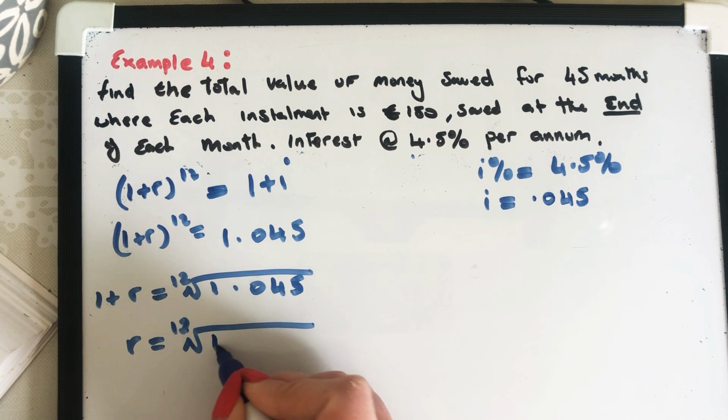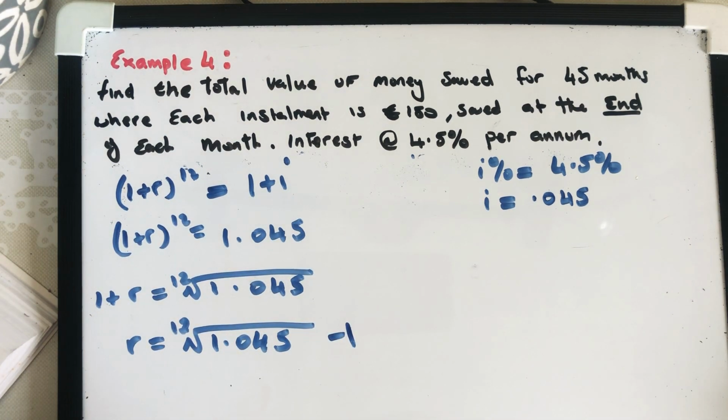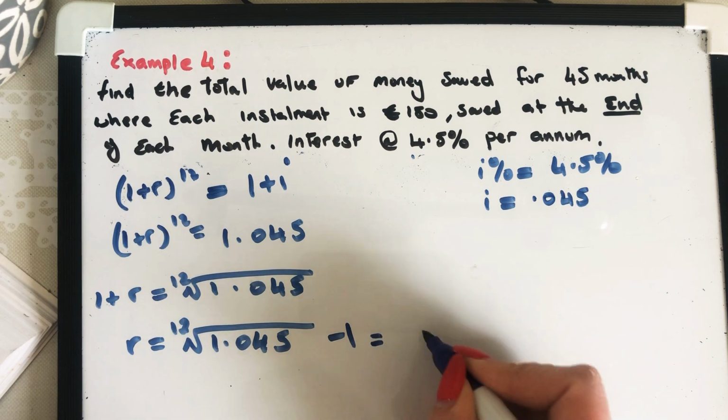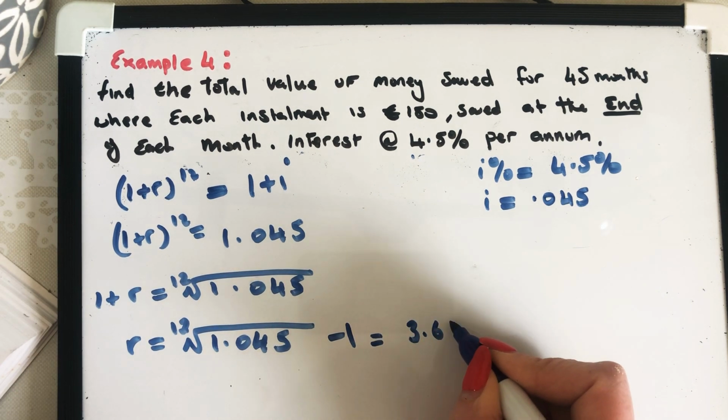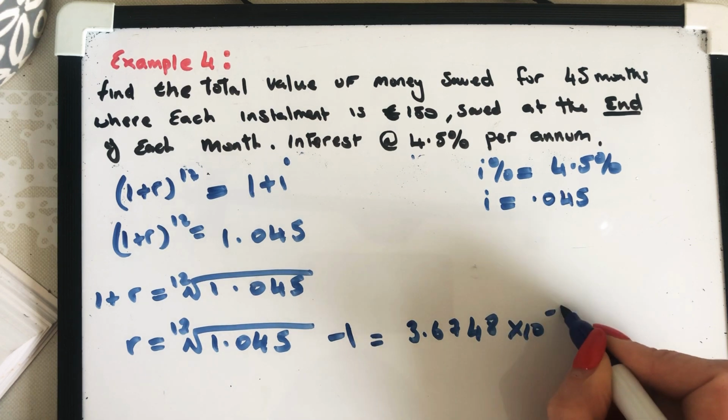So we've done this several times now in the videos. Okay, so let's go with the calculator. Let's get the 12th root of 1.045 minus 1. And we get 3.6748 × 10^-3.